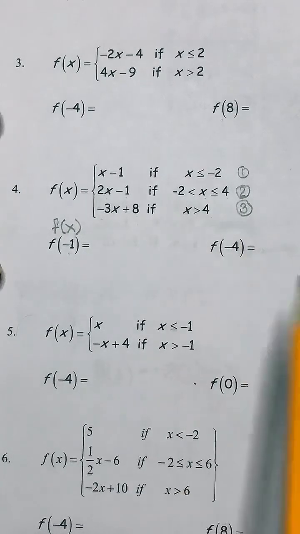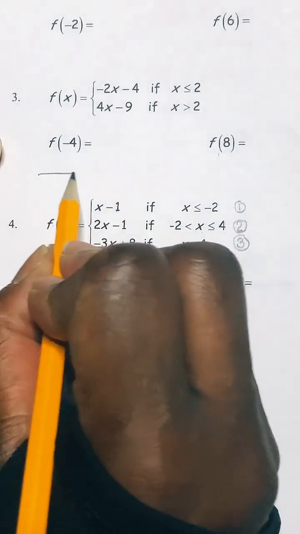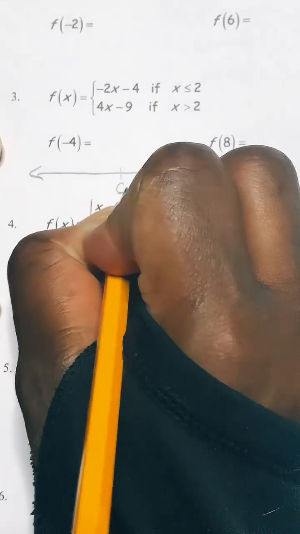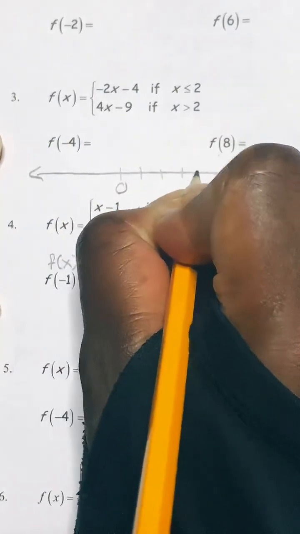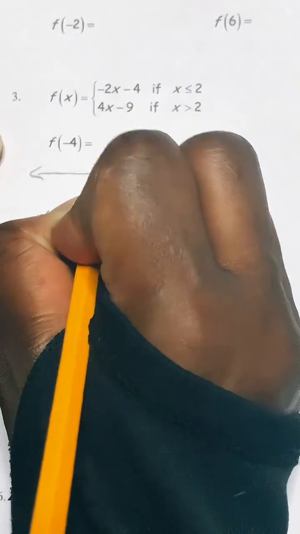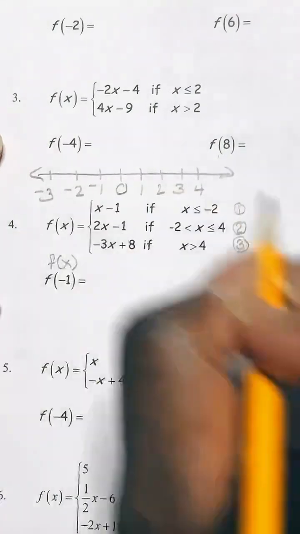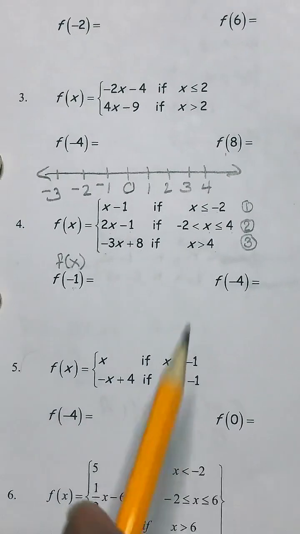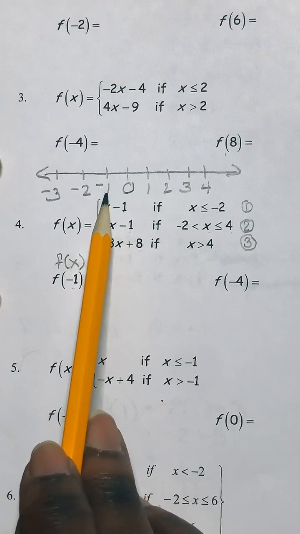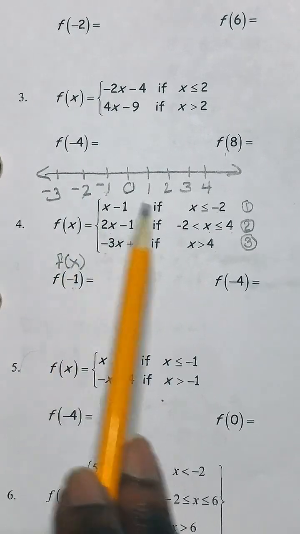So think of the number line. Actually, let me draw a number line up here. We've got 0, positive 1, 2, 3, 4, then negative 1, negative 2, negative 3. Negative 1 is bigger than negative 2, so it can't be number 1.